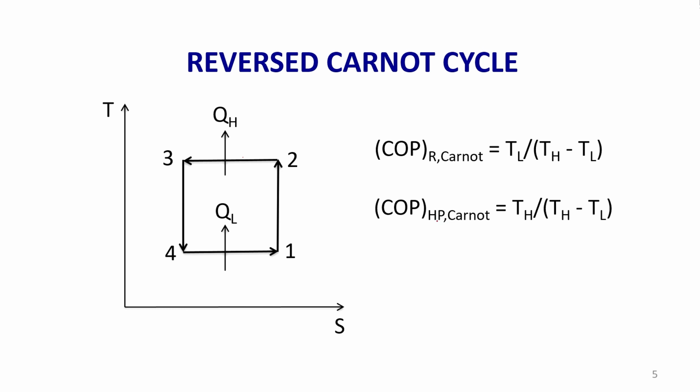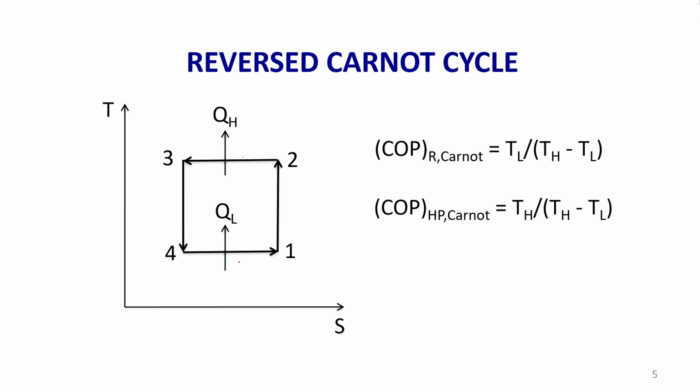For a heat pump, the desired output is how much heat has been transferred to the high temperature region. So that is QH. For a reversible one like Carnot, QH is replaced by TH and QL is replaced by TL. So TH divided by the temperature difference between the high temperature region and the low temperature region.